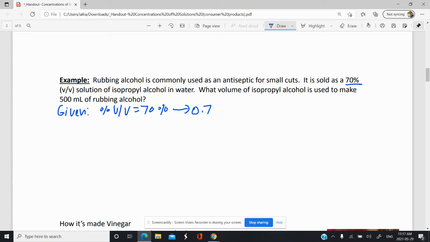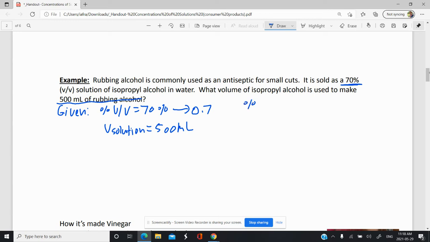Now, what volume of isopropyl alcohol is used to make 500 mils of rubbing alcohol? So this 500 mils of rubbing alcohol corresponds to the total volume of the solution. And that's going to be 500 milliliters. And so we know that 70% of the solution is alcohol. So basically, here's what we know.